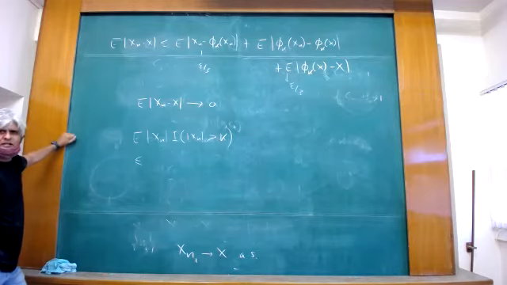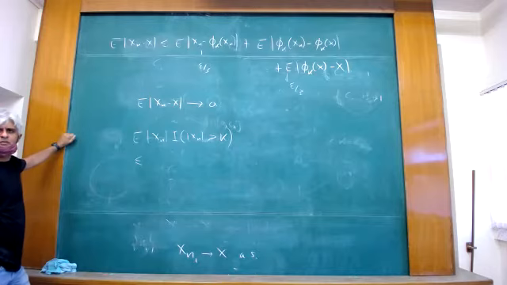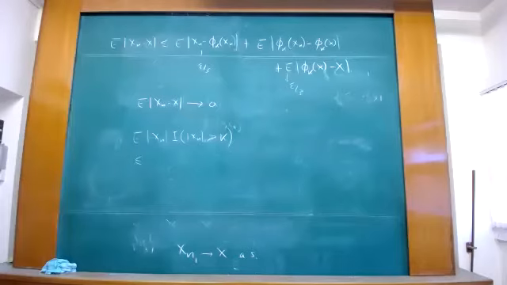So the question you're asking is, if I give you a sequence which is not uniformly integrable, what does that mean? What goes wrong if UI is not there?